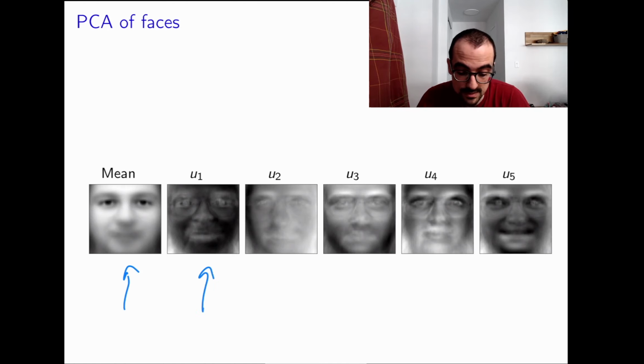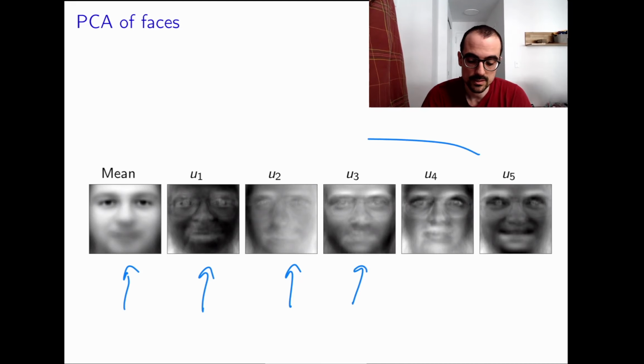This is the direction of maximal variance. Orthogonal to that guy, the second direction of maximal variance, you get this, and so on and so forth. In general, what we observe here, which is super common when you work with images, is that the first principal directions capture coarse level details. You see here the eyebrows, the glasses, because we have a face data set, right?